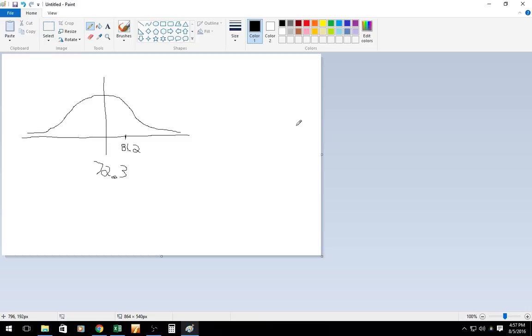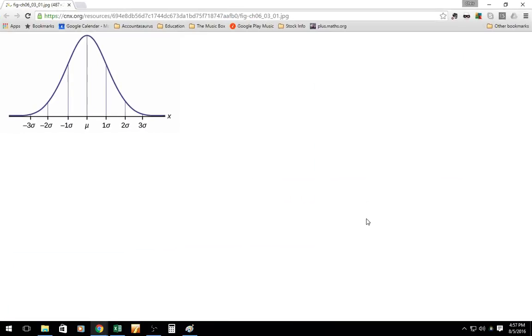And that distribution is the standard normal distribution. Mu in the center is always 0, and then every standard deviation away is literally 1, 2, 3, minus 1, minus 2, minus 3. Why does that work? Because all of our tools and formulas are built around standard deviation as a very important factor.